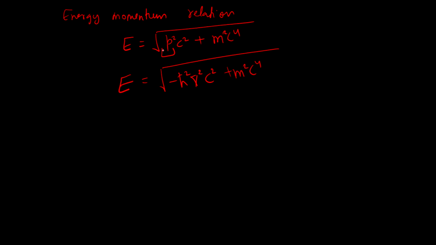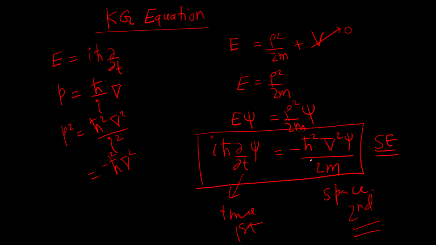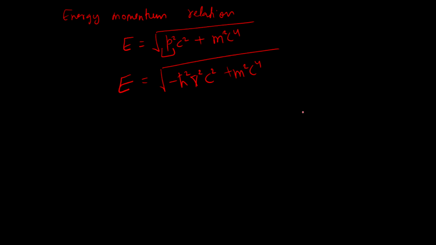Now this is E. How can I write it in this type of form? So this is the root. If we take a Taylor expansion, then we will have higher orders of ∇², which we don't need.